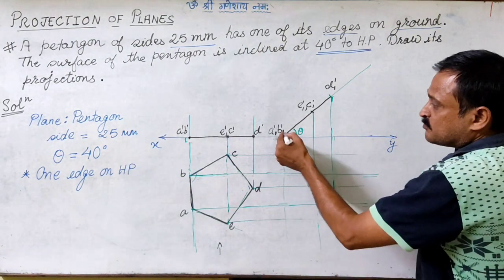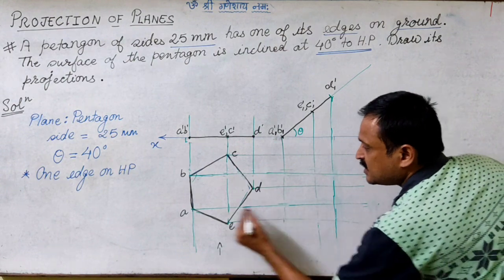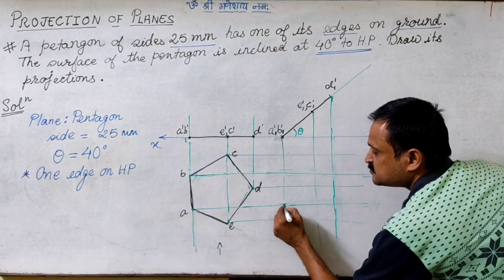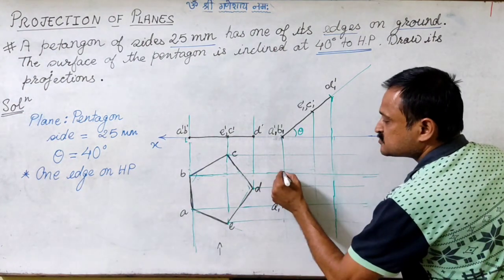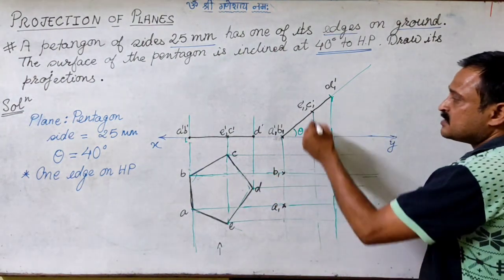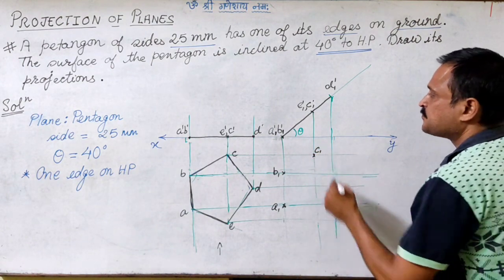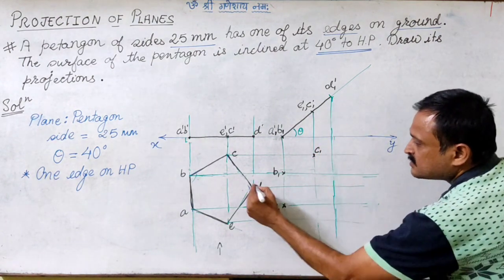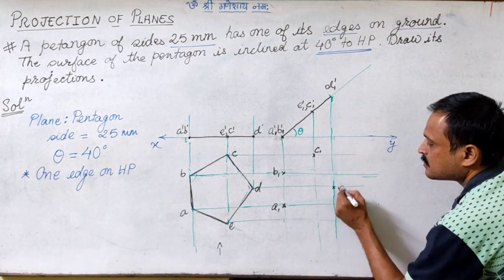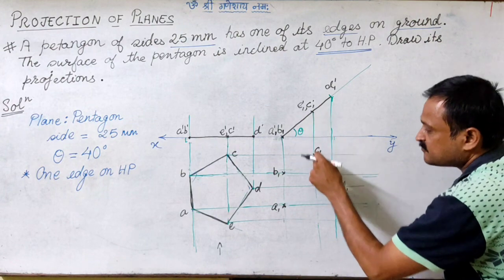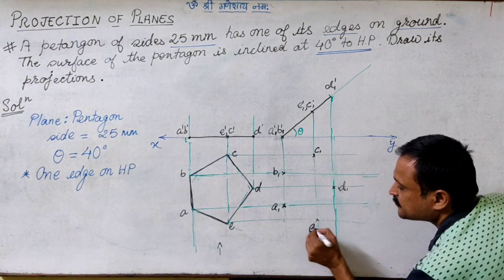So, projector of A, locus of A must be A1. Projector of B, locus of B is B1. Projector of C, locus of C is C1. Projector of D, locus of D is D1. Projector of E and locus of E is E1.